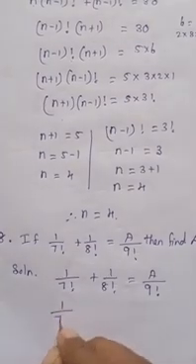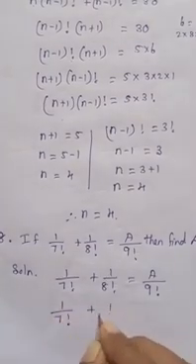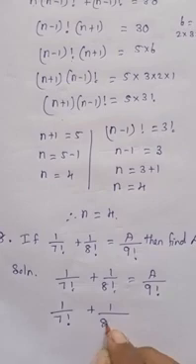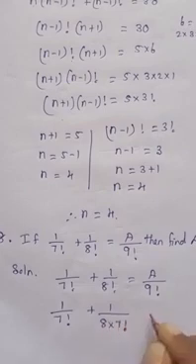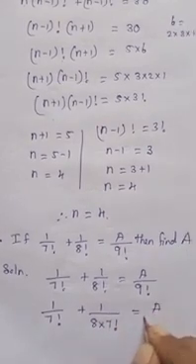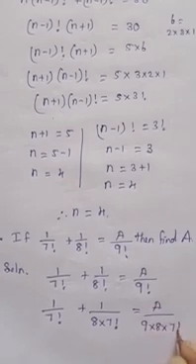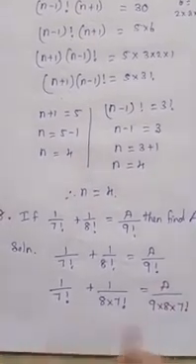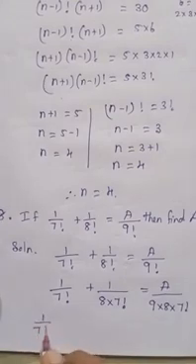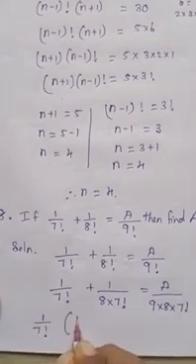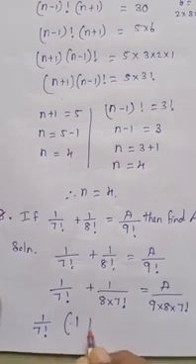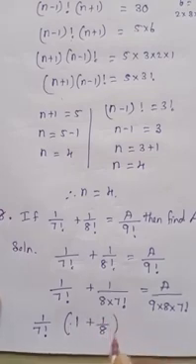So we can keep 7 factorial as it is. This 1 by 8 factorial, how can we write it? 8 into 7 factorial. The same way, a by 9 factorial, 9 into 8 into 7 factorial. See, in this I am taking 1 by 7 factorial outside. So we may get 1 plus 1 by 8.